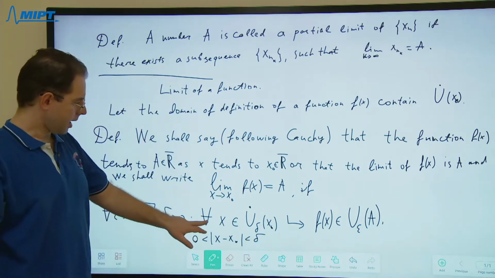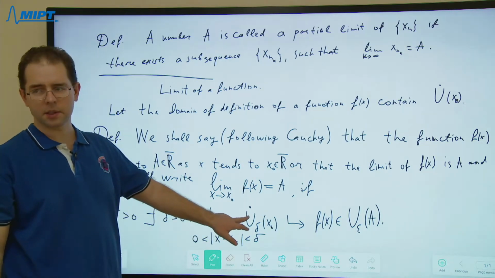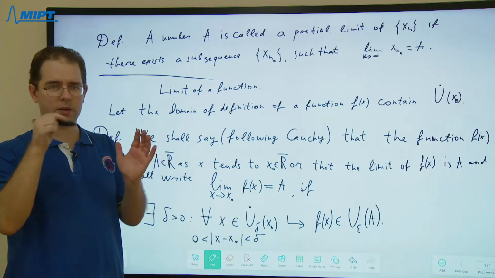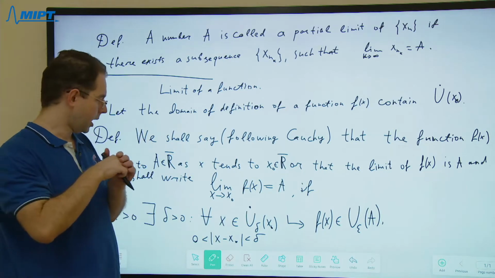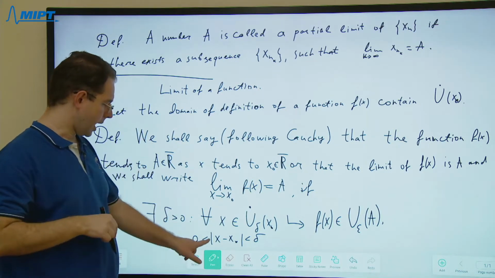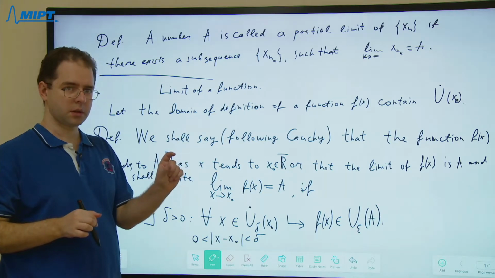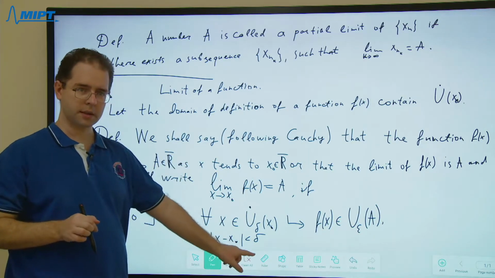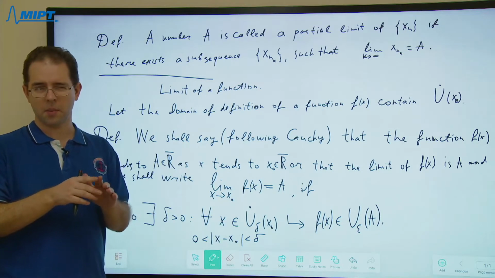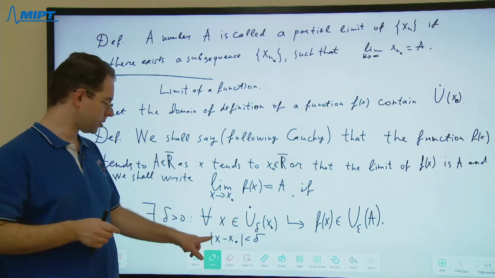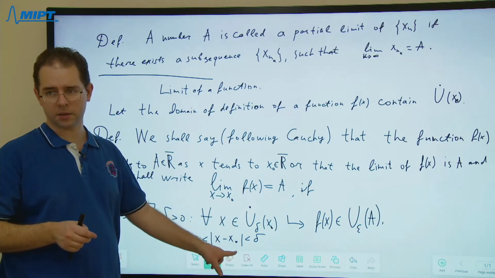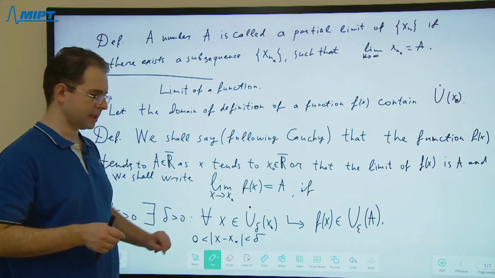I remind you that this deleted neighborhood is just a neighborhood without the middle point itself. So the distance from x to x0 should be less than delta, so it is inside the neighborhood, but x should not equal x0, so this distance should be greater than 0.